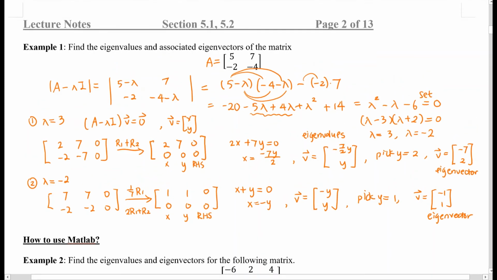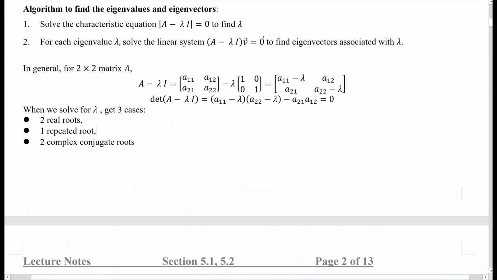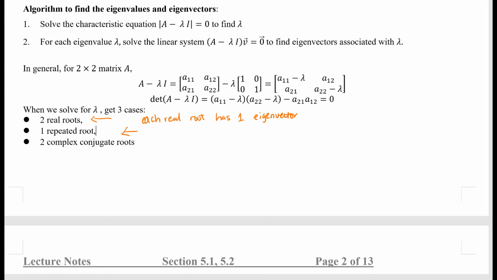Okay? So in this case, our example is the case with 2 real roots. Each real root has 1 eigenvector. If we have 1 repeated root, we might have 2 eigenvectors, or we might have only 1 eigenvector.